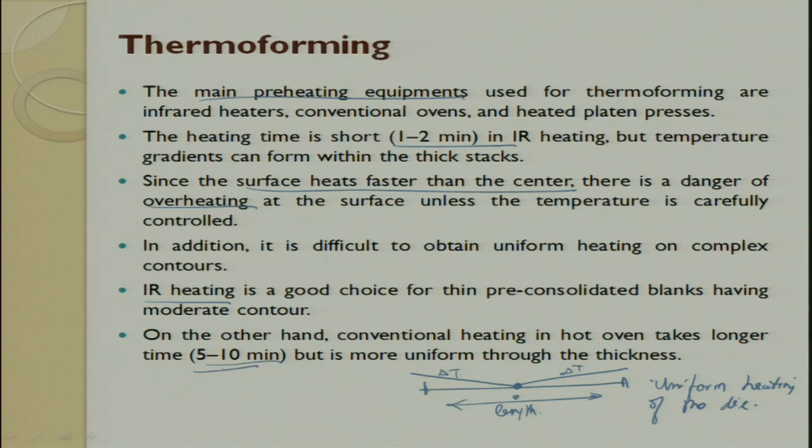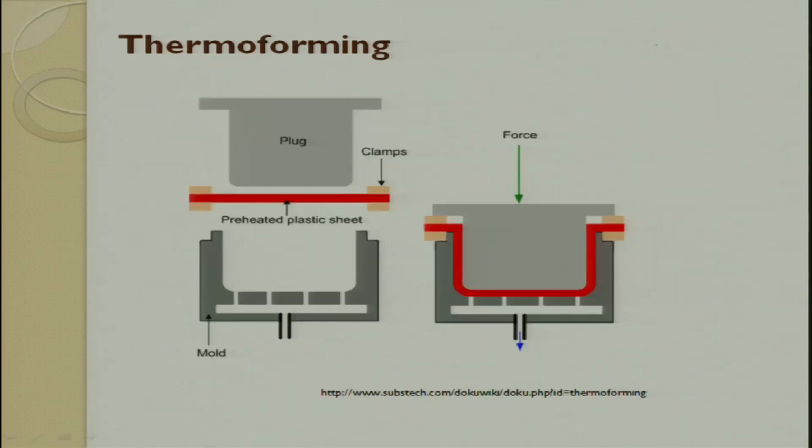It is done in a heat oven for 5 to 10 minutes, or you can use any other heating technique. But the most important point here is that the temperature gradient on the die has to be made sure to be uniform.